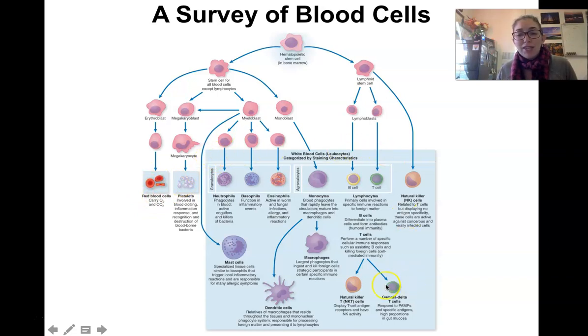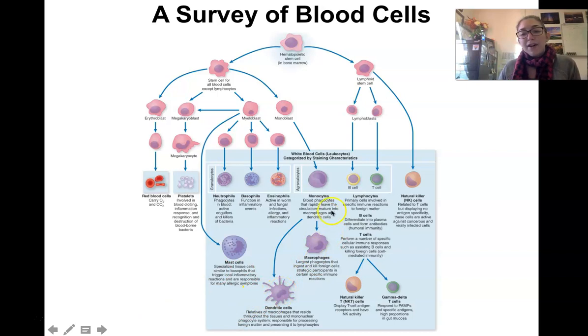But all of these are the different types of white blood cells. So we'll talk about the different granulocytes, which all end in "phil," neutrophil, basophil, eosinophil, which has to do with the dyes they like to bind to. And we'll talk about the agranulocytes, the monocytes, which is what they're called in the blood, but then they go into the tissues and they differentiate into macrophages and or dendritic cells.